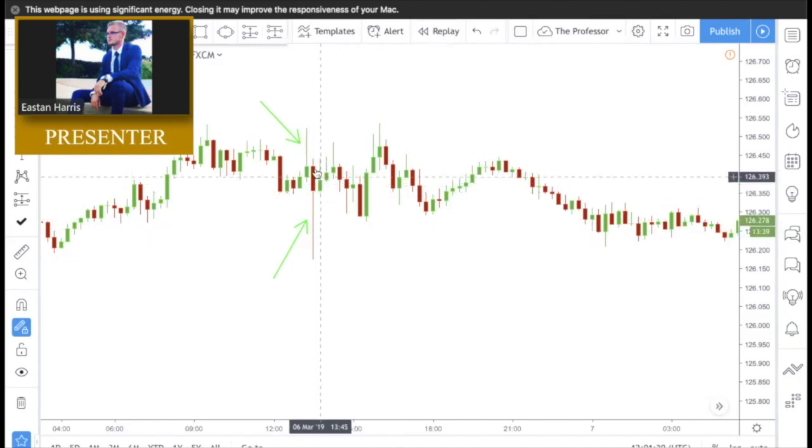And what I mean by that is price opened at the very top portion of this red candle and then dropped all the way down here, rejected back up, and closed here.